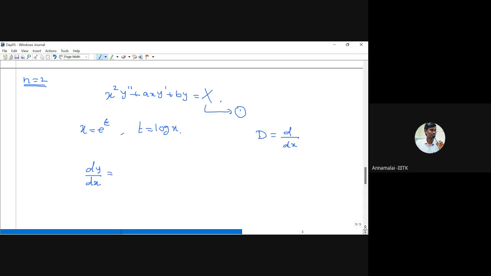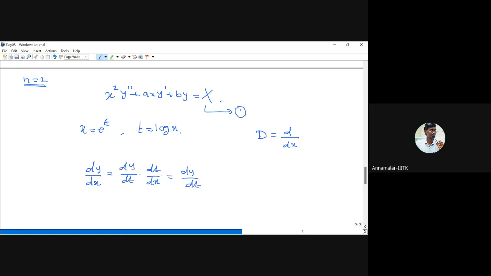So this is nothing but you differentiate y with respect to t, and then you differentiate t with respect to x. This is actually the total derivative, we get the same thing. So this is nothing but dy by dt.